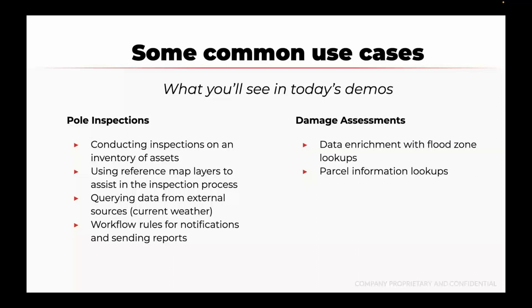So there's a number of different ways to do this. I'm going to show one method that leverages a couple of these interesting possibilities, some of this is in the more advanced category, but powerful functionality. So conducting inspections on that inventory using reference map layers.